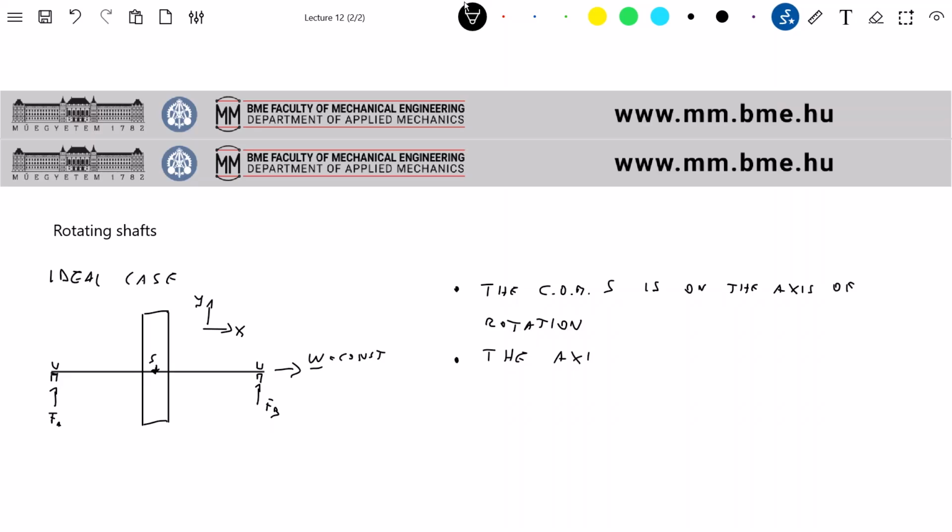The axis is rigid, and very important is that pi s, the angular momentum, is parallel to the angular velocity, okay? And this actually means that this motion can be reduced, in most cases, to a planar motion.